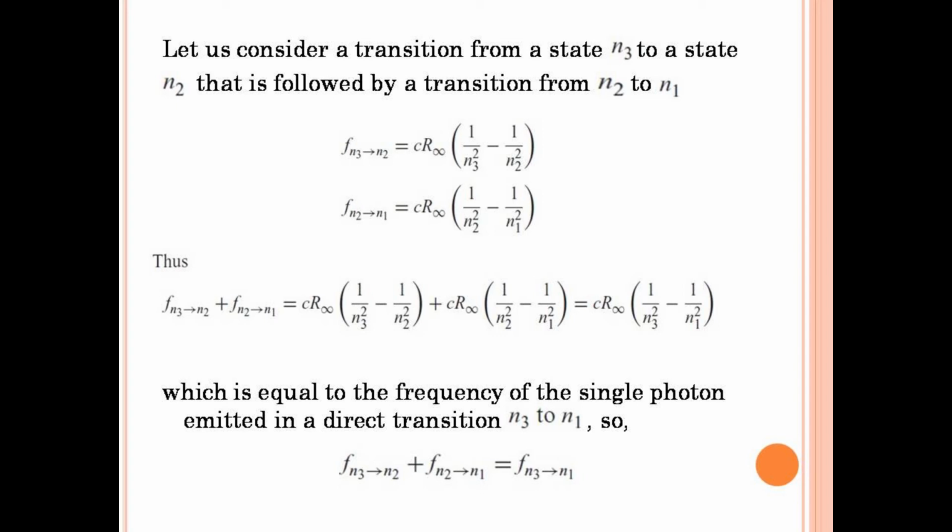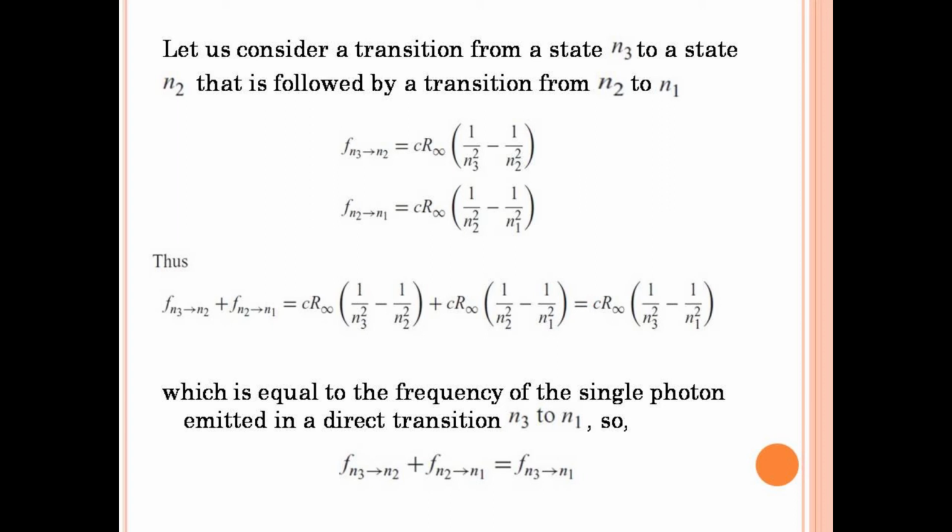So f(n3 to n2) is equal to c R∞ into (1/n2^2 minus 1/n3^2), and f(n2 to n1) is equal to c R∞ into (1/n1^2 minus 1/n2^2).